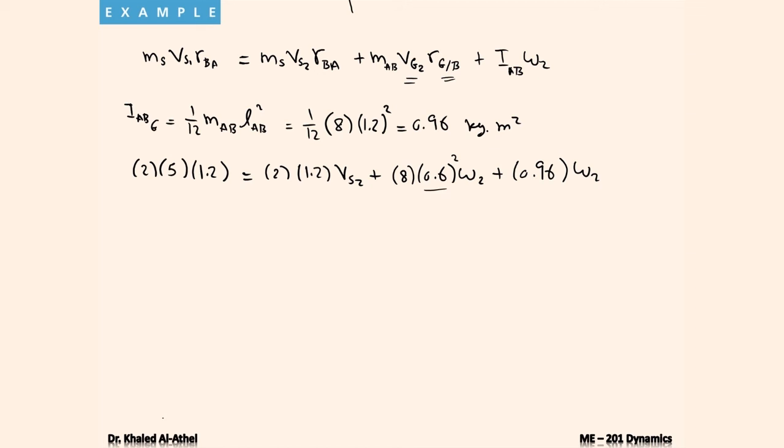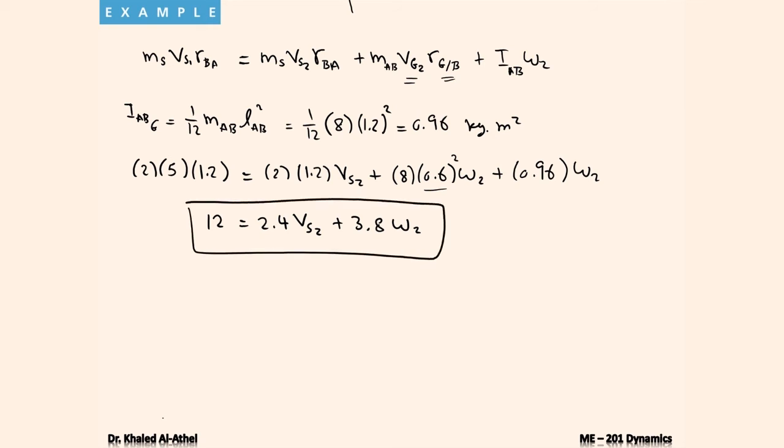If I carry out this calculation, I end up with 12 equals 2.4 Vs2 plus 3.8 omega 2. And this is one equation with two unknowns: velocity of the sphere 2 and omega 2.